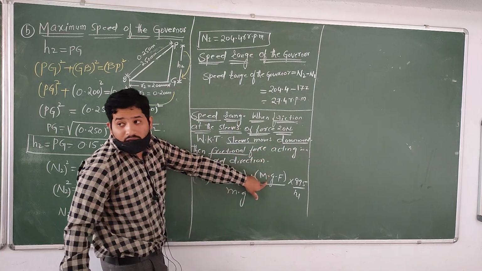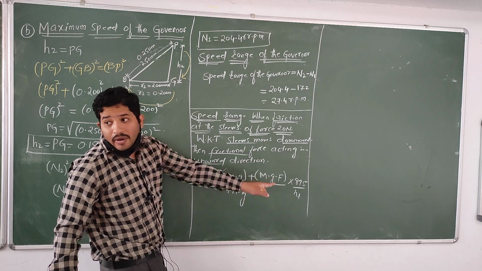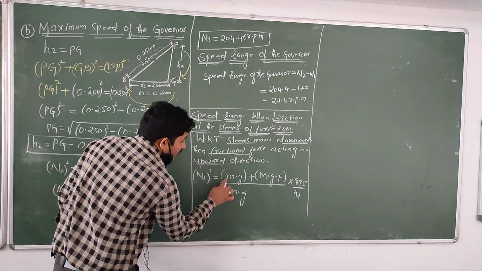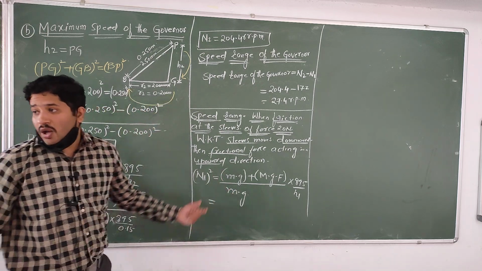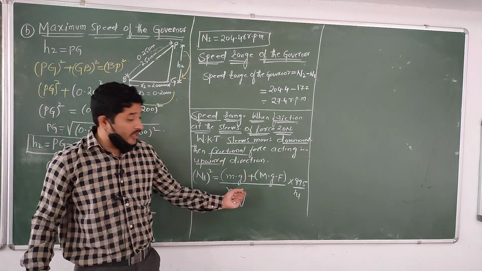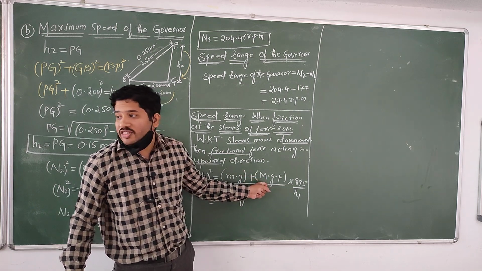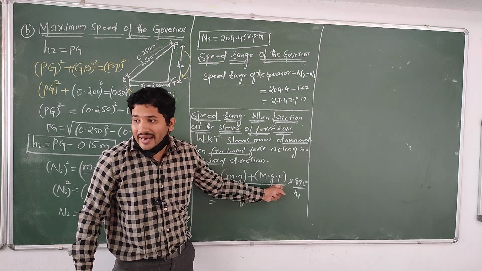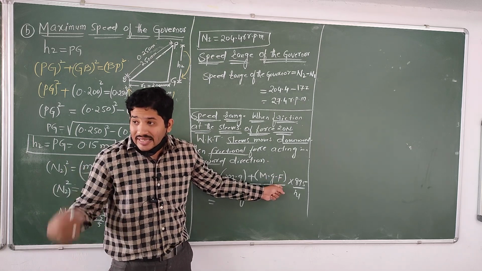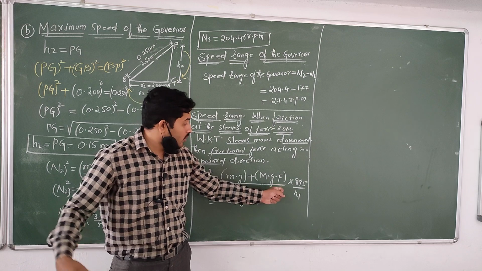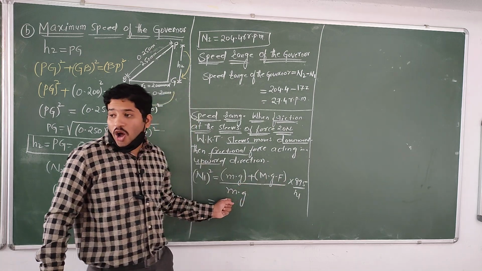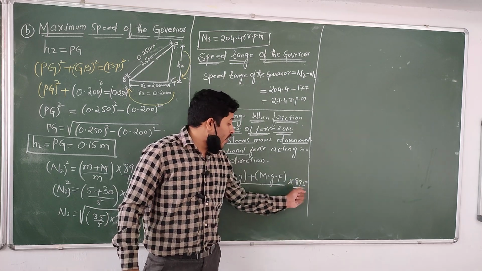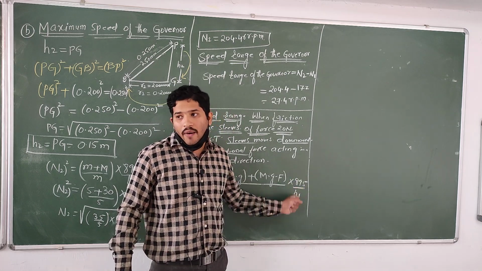At that time, we need to use the symbol m into g minus F. Okay, then m is nothing but the mass of the ball into gravity plus the mass of the central load into gravity minus the frictional force acting on the sleeves, by mass of the ball into gravity into 895 divided by height of the governor.